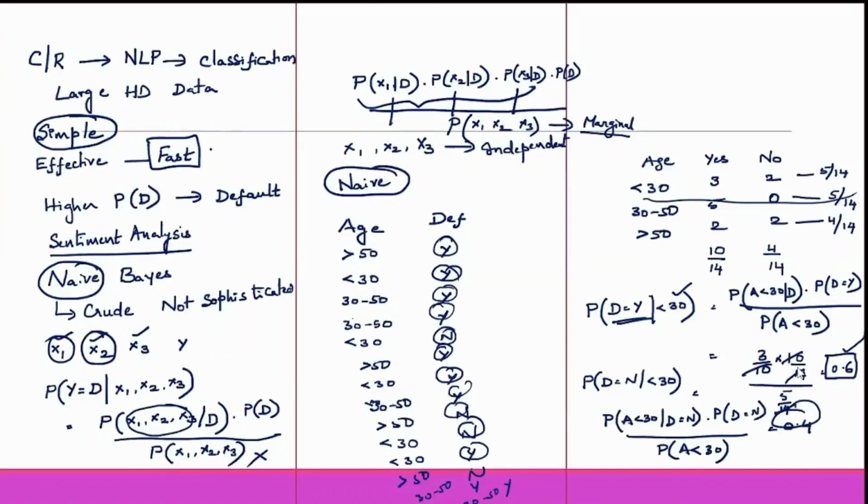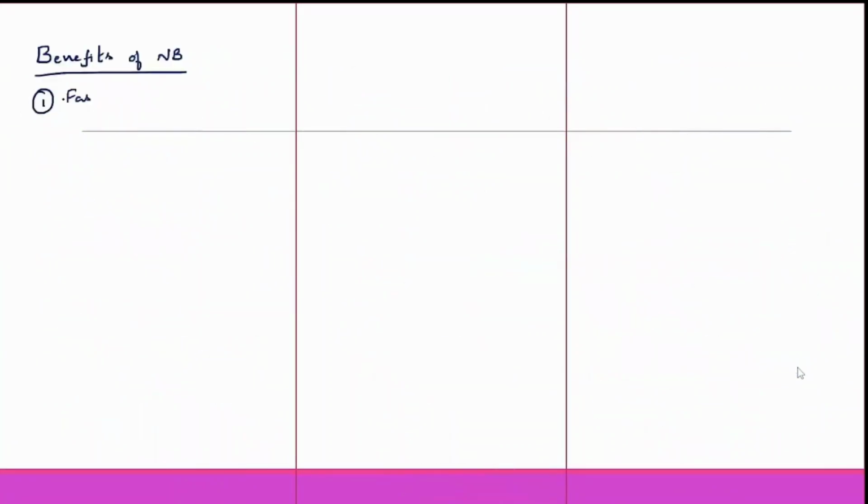Here I can also talk about, so basically we can say it is fast. It is very simple to understand because it's a simple Bayes theorem. And I can also talk about the data: even if it is very small, I can use it because it is purely based on probability, right?